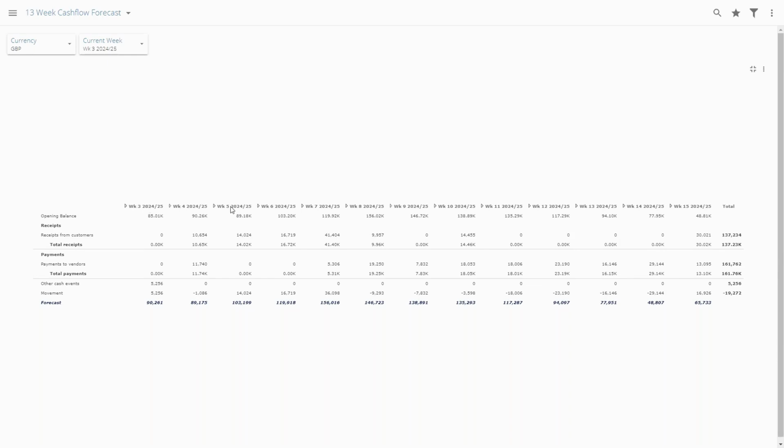What we have in the columns, these are the next 13 weeks from today. Right? So all of these are weeks. And the first row that I'm highlighting, this is my opening balance. This is the bank balance that I have today, right? So this is coming from the general ledger. This is coming from my financials module.